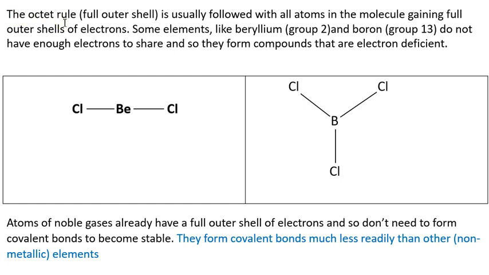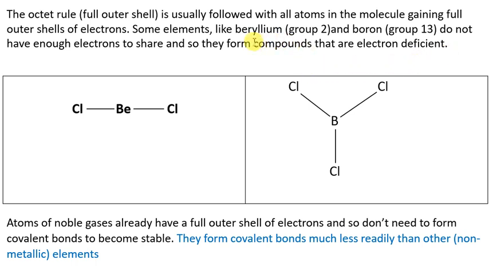The octet rule is usually followed, with all atoms in the molecule getting full outer shells of electrons. Some elements, like beryllium, group 2, and boron, group 13, do not have enough electrons to share, and so they form compounds that are electron deficient.